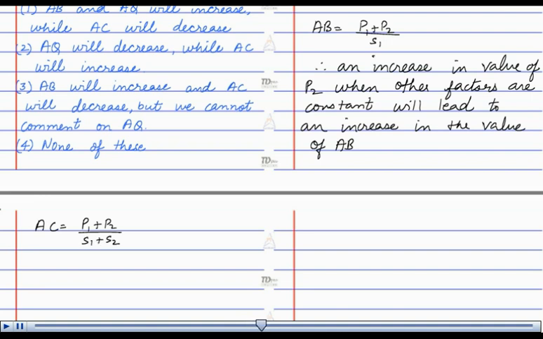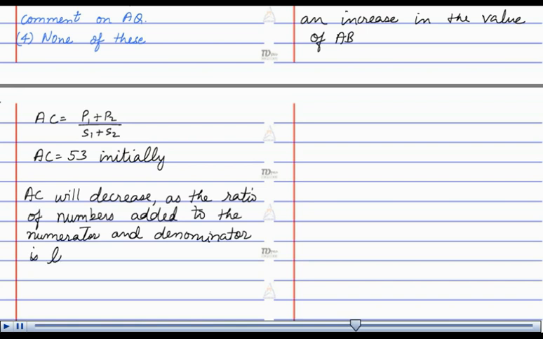The initial value of AC is 53. When P2 is increased by 50 in the numerator and S2 is increased by 1 in the denominator, AC will decrease as the ratio of numbers added to the numerator and denominator is less than 53.